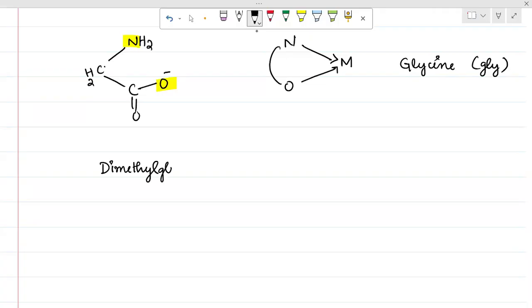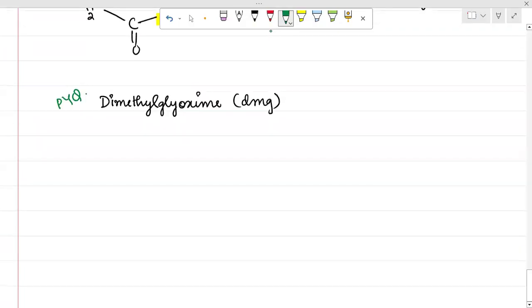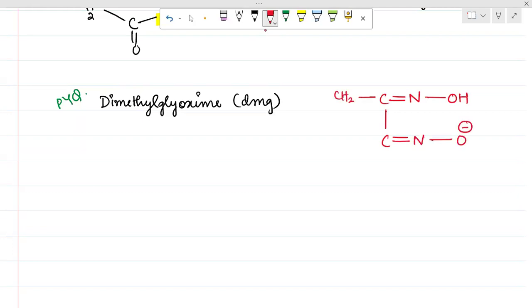Dimethyl glyoxime. This was asked in a question. Dimethyl glyoxime, DMG. The structure is important. C double bond N OH, C double bond N O minus, dimethyl.